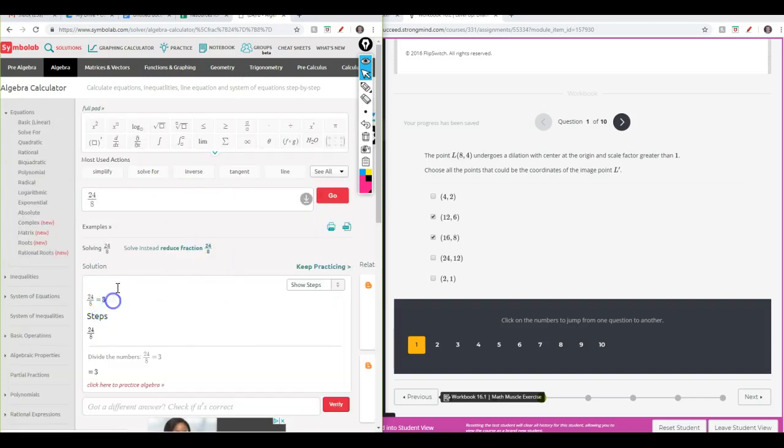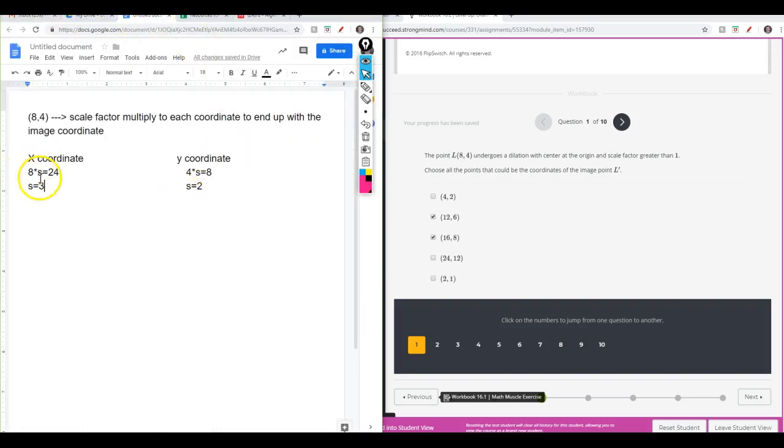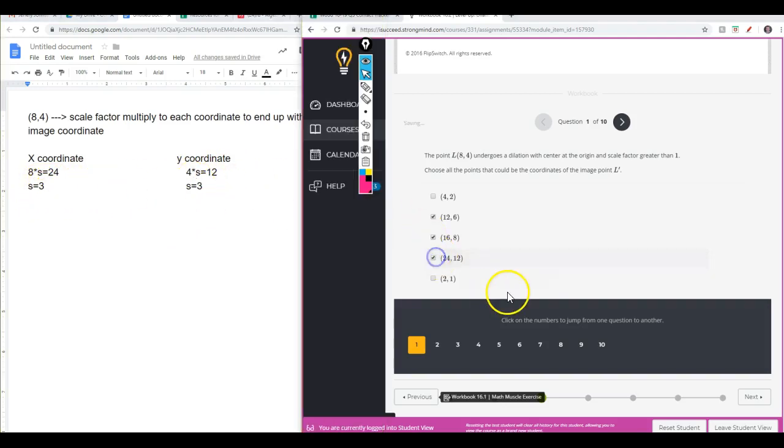That gives us 3. So you know that the scale factor is 3 because 8 times 3 equals 24. So let's make sure that the new y-coordinate has the same scale factor. This is 12. Again, 4 times some number equals 12. That number is 3. 4 times 3 is 12. So it's greater than 1 and it's the same scale factor. So yes, that one works. And that's how we would answer this question.